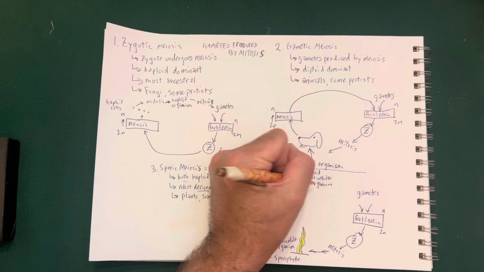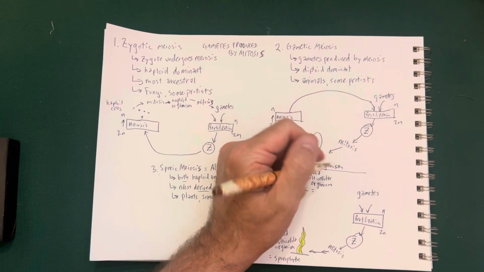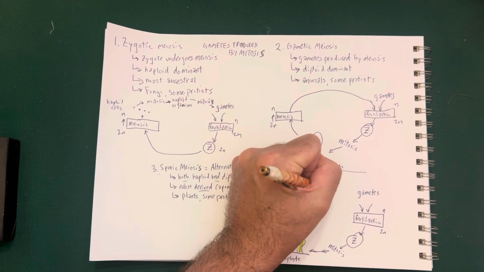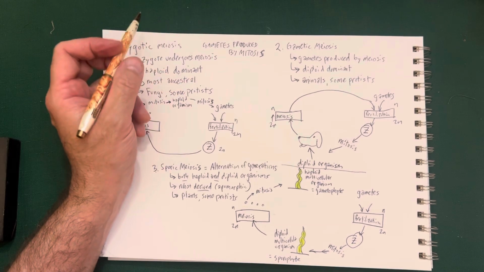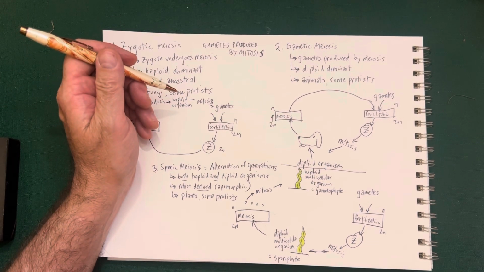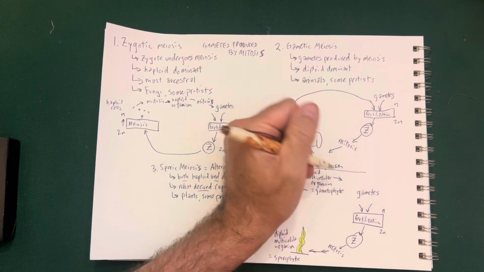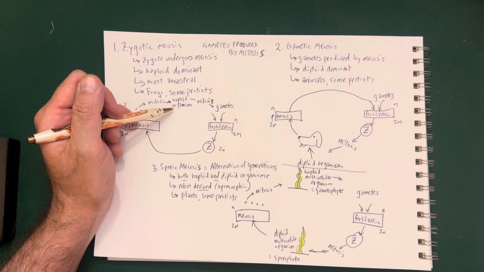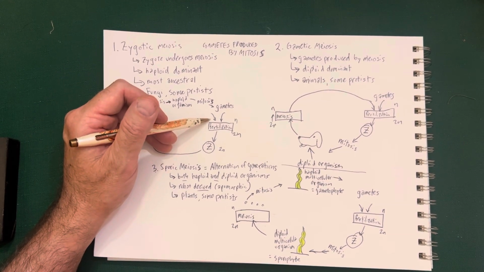And this diploid multicellular organism, this is our sporophyte because it produces spores. This haploid multicellular organism, we're going to call it the gametophyte, or the gamete-producing plant. And its job is to produce the gametes. But remember what happened over here when we had a haploid organism, and it needed to produce its gametes. Couldn't use meiosis.